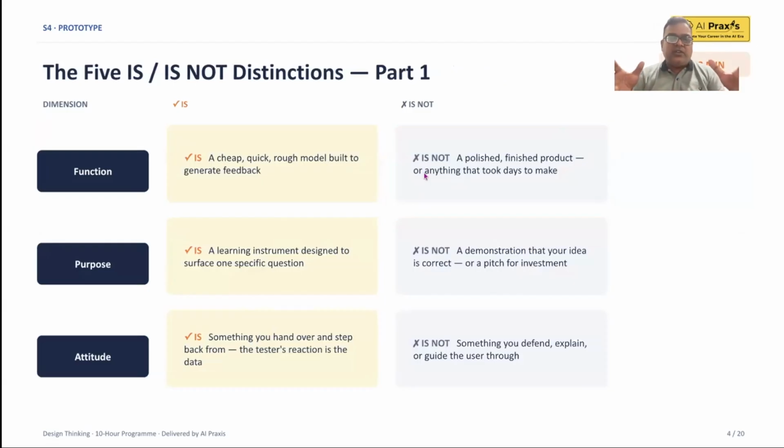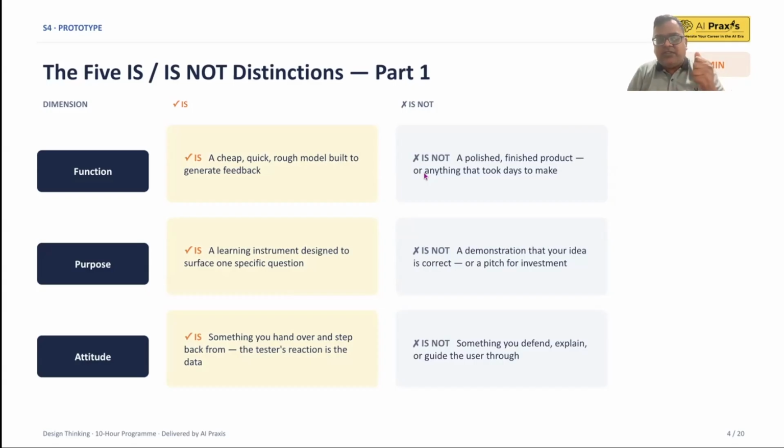Now that we have understood what a prototype is, let's remove three of the biggest misconceptions people have when building. The first distinction is in fact function. A prototype is a quick, inexpensive model created to generate feedback.